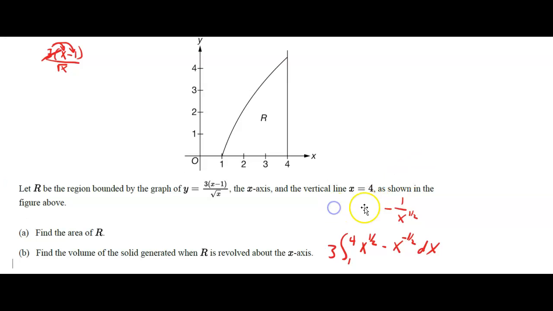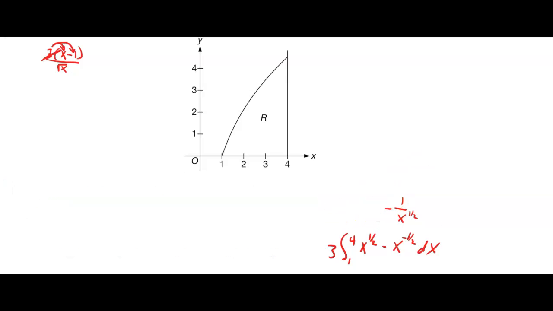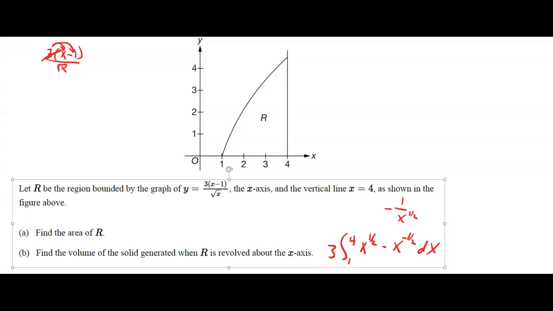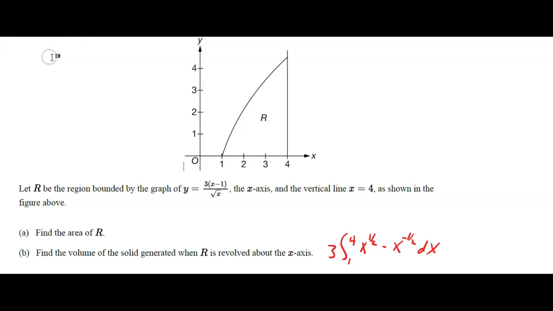So let me clean up my space here and we'll finish up the problem. All right. So integrating that then, if I add 1 to the power, I get x to the 3/2.